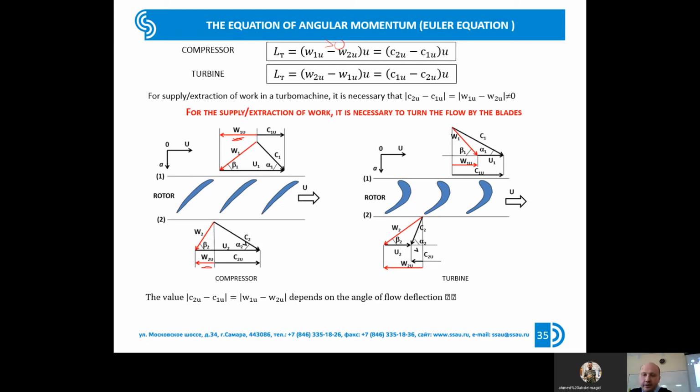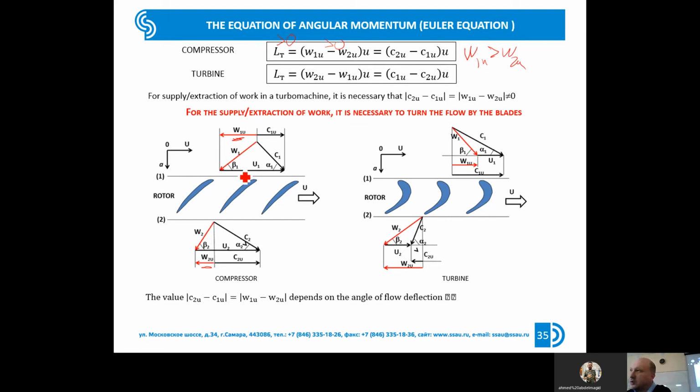So, okay, let's look carefully. If we speak about the compressor, if we want to supply mechanical work, this value must be more than 0, and finally we could receive that W1U must be more than W2U. It's clear, I think. It cannot be 0 or minus.